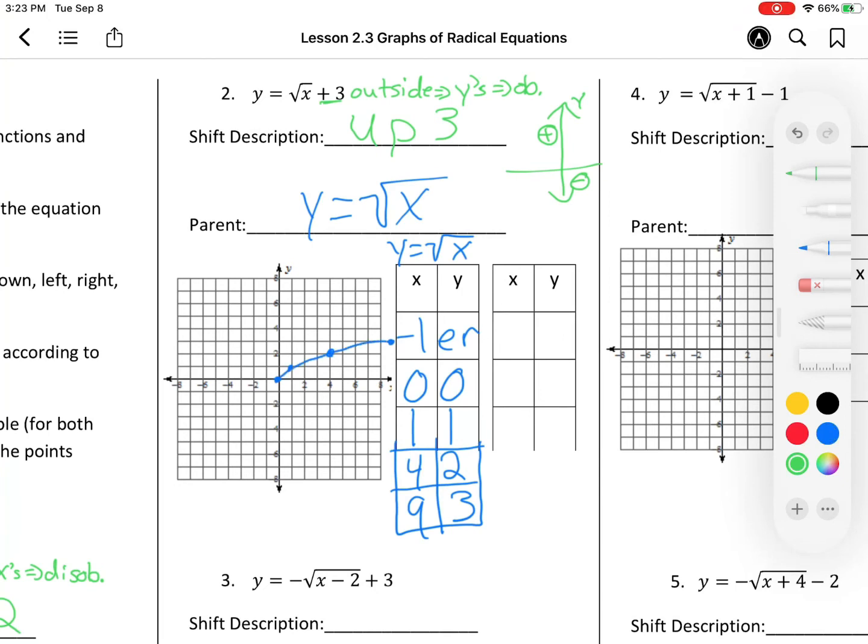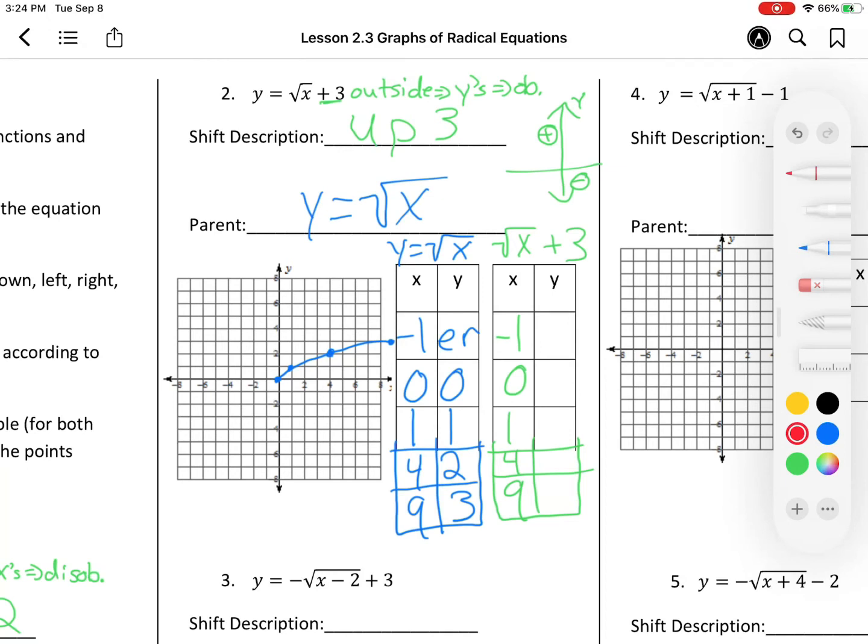Alright. So this new graph, we've got square root of x plus 3. It's on the outside affecting the y's, so all of my x's are going to stay the same. My y's, however, I'm going to move up 3.